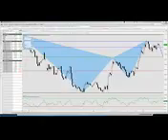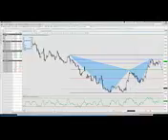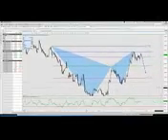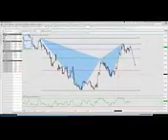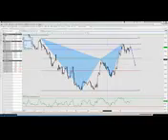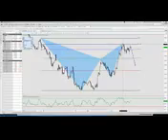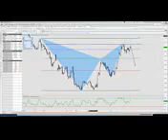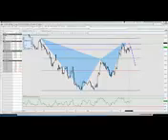Let's go to Euro Aussie. Euro Aussie here was the one that I showed in the email I sent you guys today. We have a Gartley pattern here that's set up. Actually, this is a bat pattern. And the market has run up into the 886. It's pulled off of there, and then we just rallied back up, giving us a double top here. We have an initial top here, followed by a secondary top.